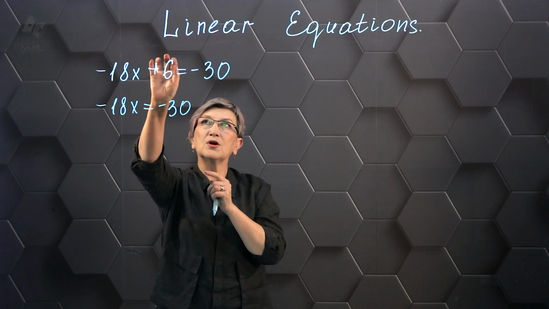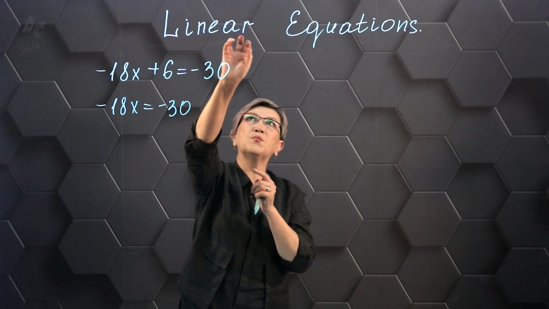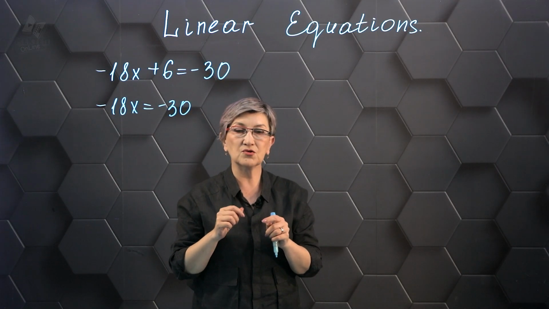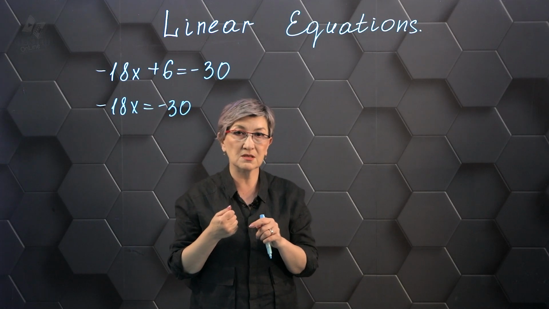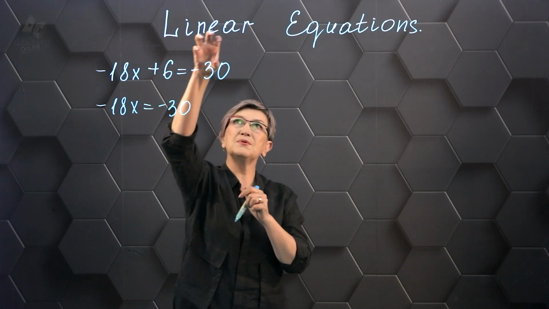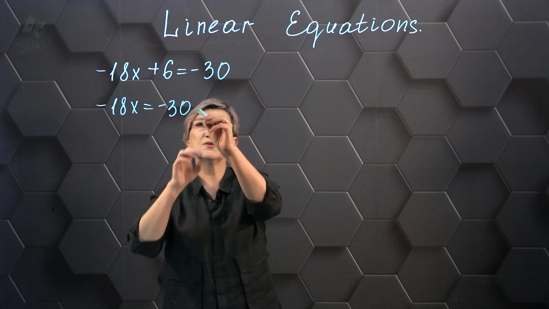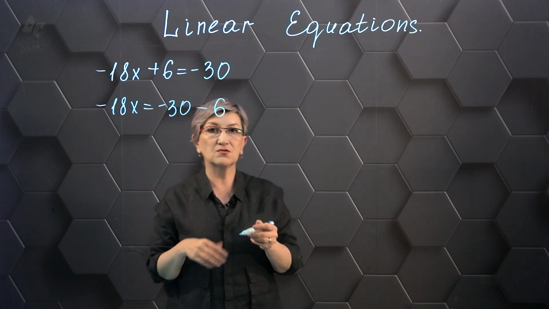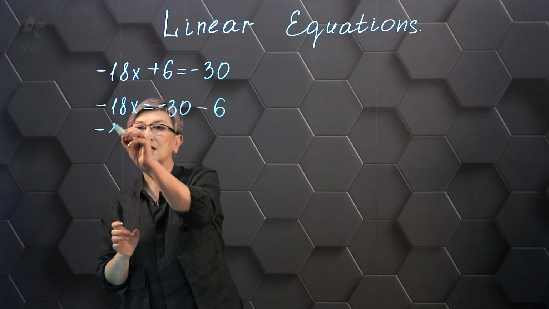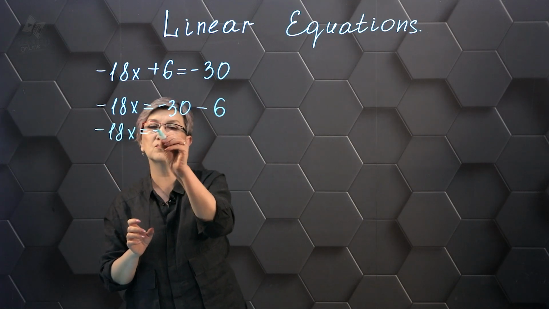We take that number and move it to the right side with the opposite sign. I move plus 6 to the right-hand side, and as a result, I write minus 6. And then we have minus 18x equals minus 36.